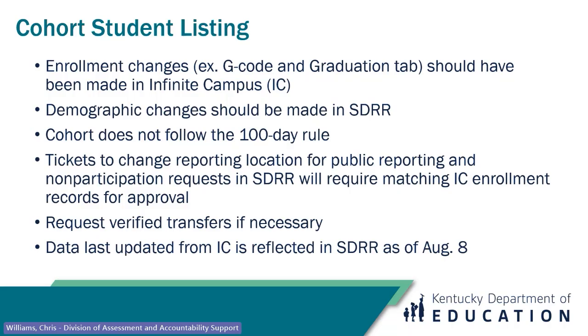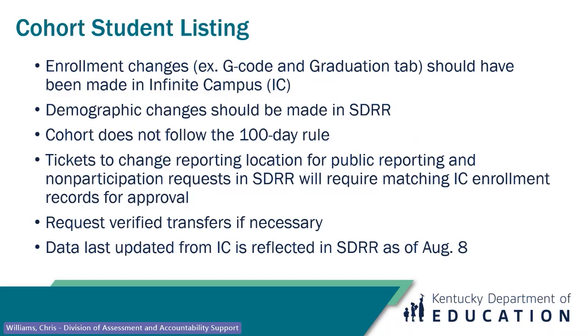And so you always want to go look at those enrollment changes underneath those, make sure that your G codes were in there in Infinite Campus, and that the graduation tab was filled out for your students, because that was important to be entered back in Infinite Campus by July 31st for your summer graduates.